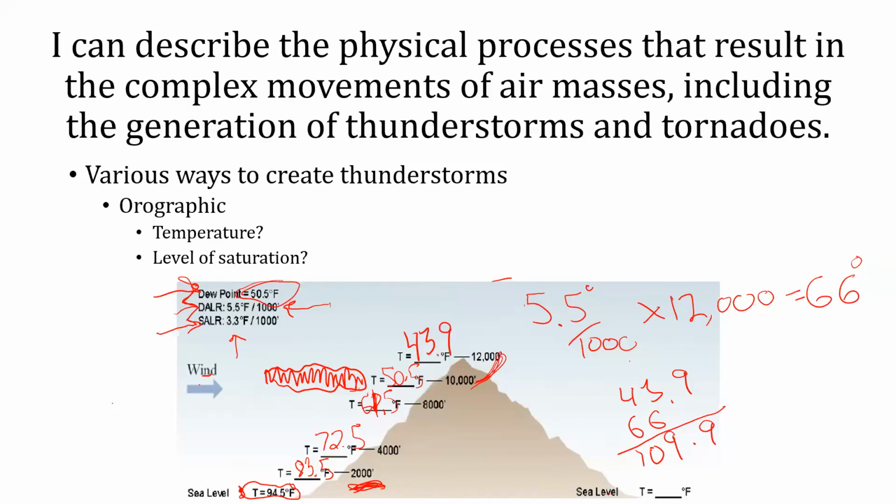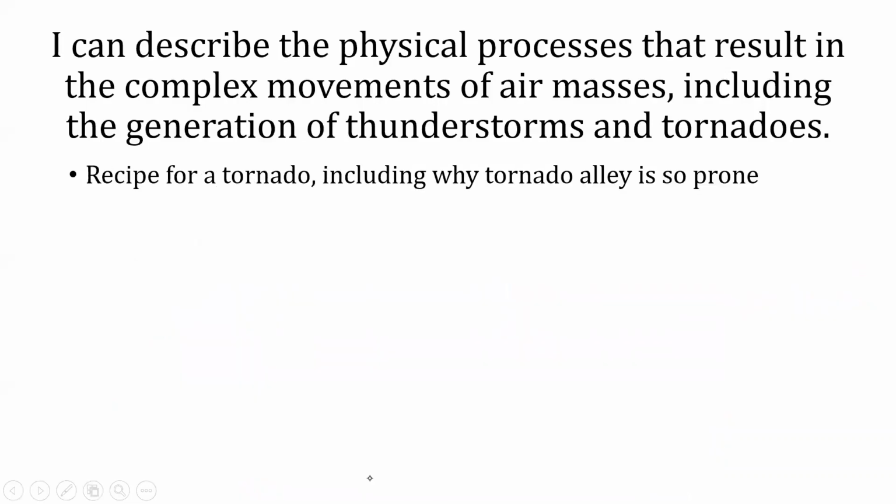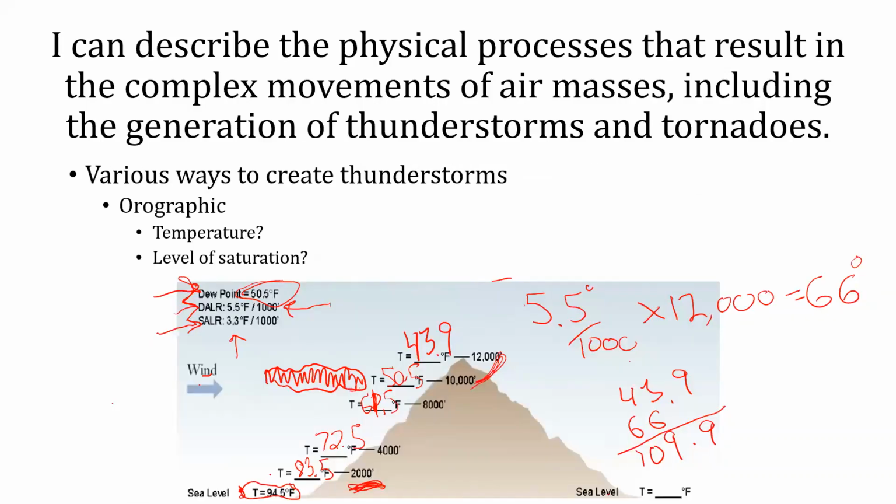So I'm just going to reiterate, sorry about that miscalculation. So when you start on the left side, make sure that you're using the right rate for the right change in elevation. And then just keep letting that air cool down until you figure out where saturation occurs.